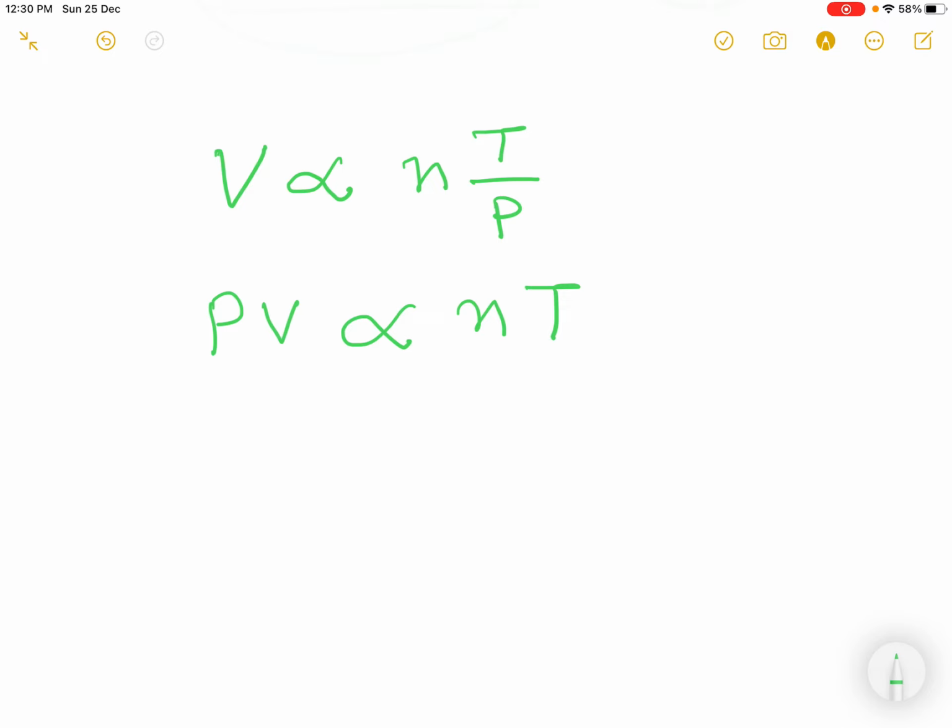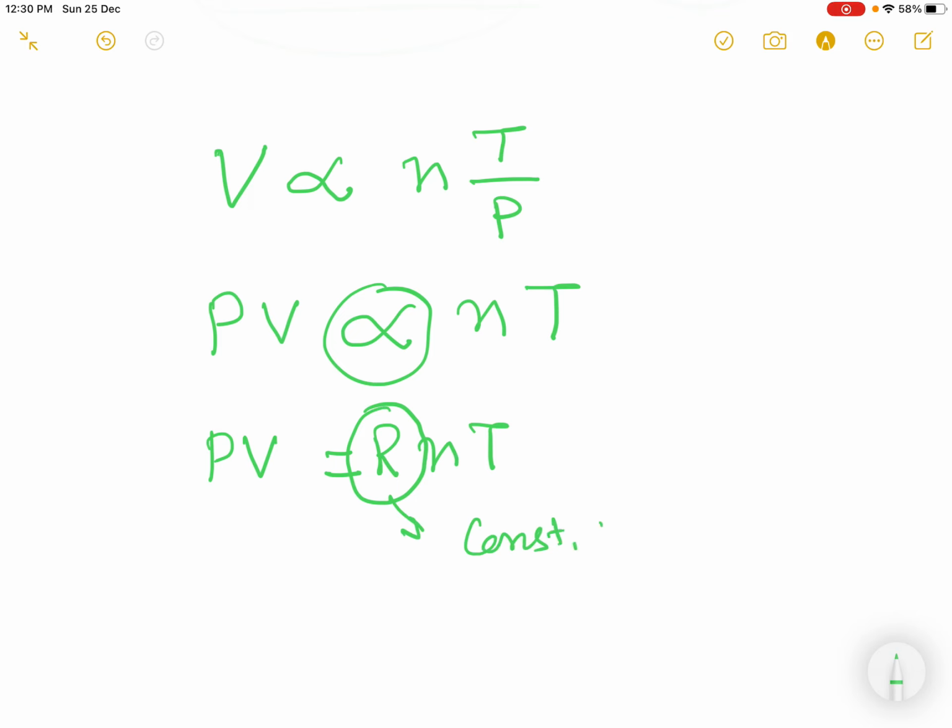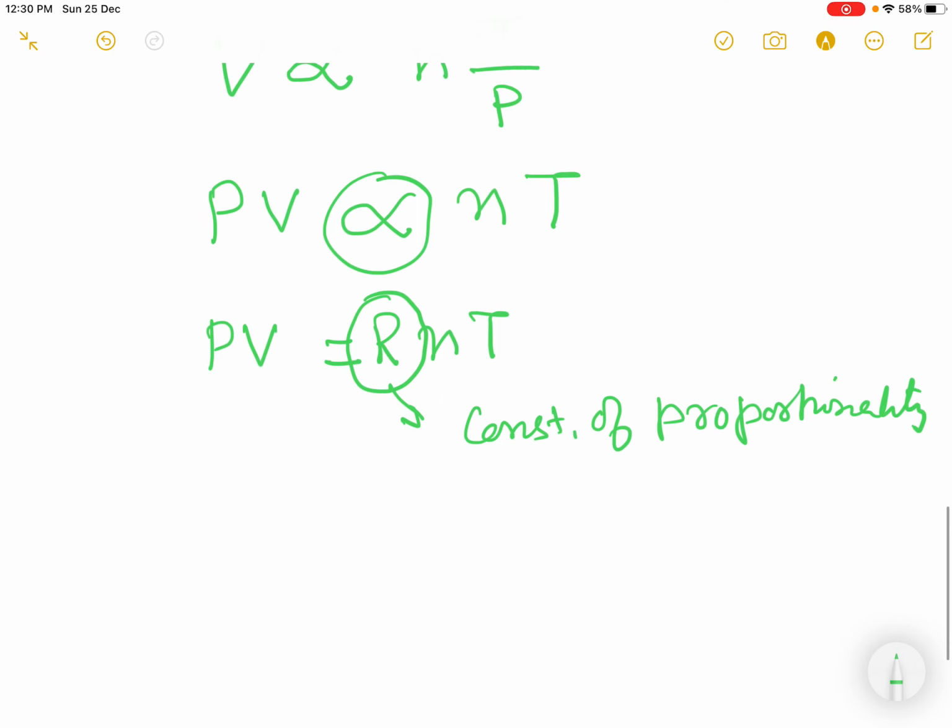And now this can be replaced by this by putting a constant. This is constant of proportionality, and this is called gas constant. Molar gas constant.